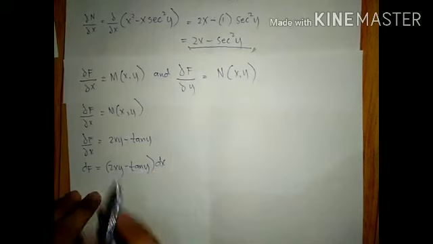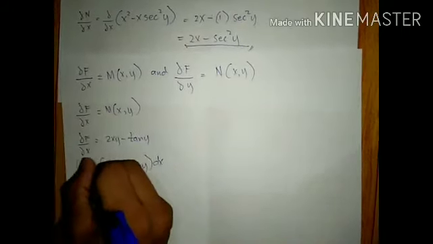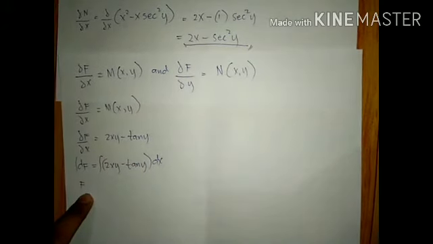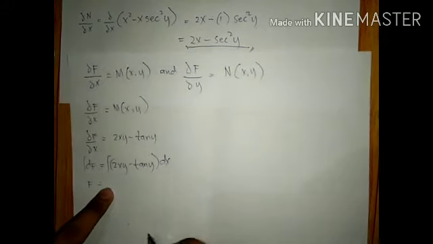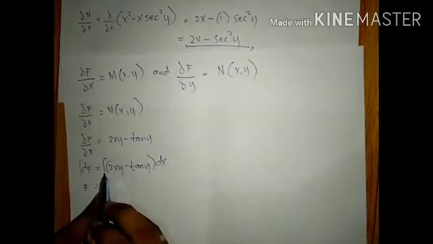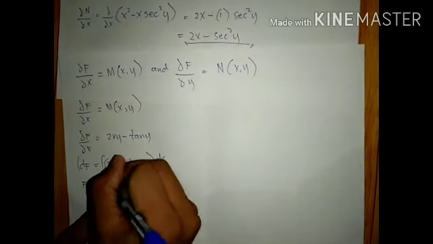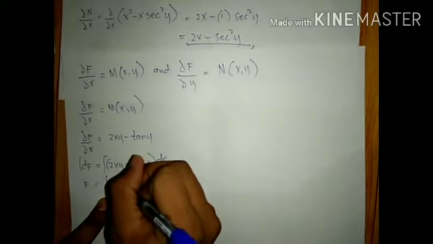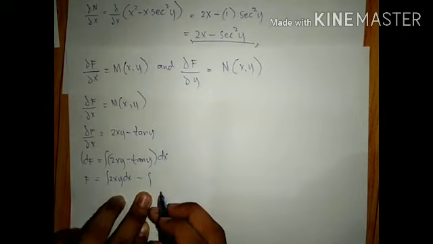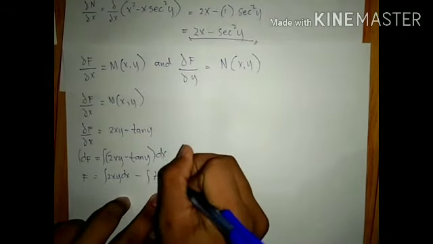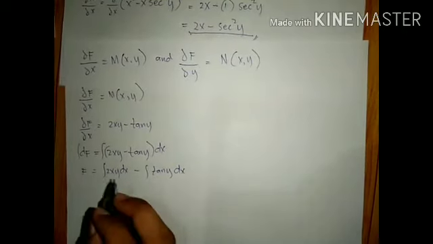Partial f equals (2xy minus tan y) dx. So we integrate both sides. So f, our final solution, is equal to, we distribute the integral, so the integral of 2xy dx minus the integral of tan y dx.